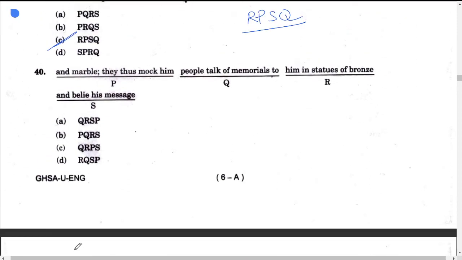Next, and marble, and cannot be used in the beginning. Him cannot be used in the beginning. Again, and cannot be used in the beginning. Okay, so the only beginning that we can use here is Q. With Q, we have two sentences, QR, QR. So QR is continuous here. People talk of memorials to him in statues of bronze and marble. Okay, check this: bronze and marble.